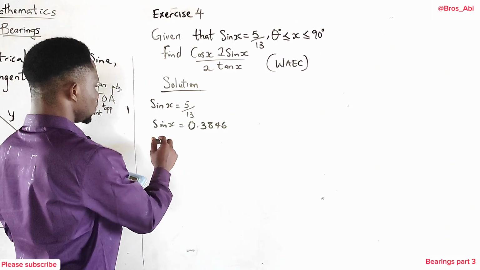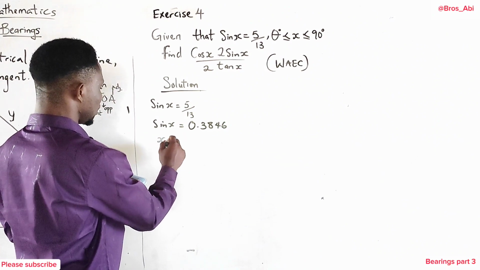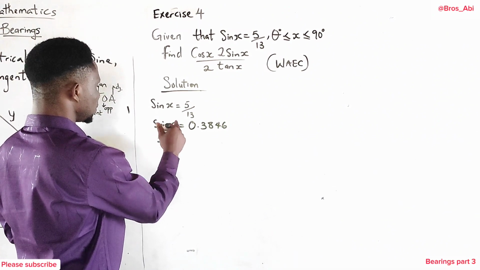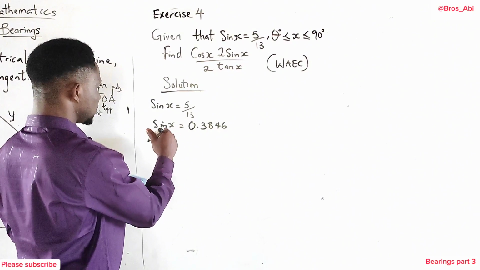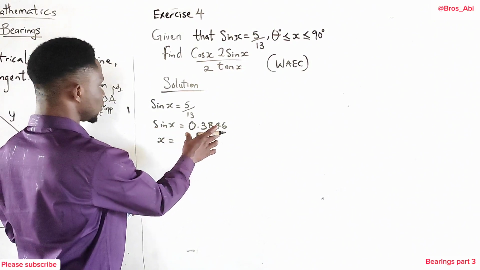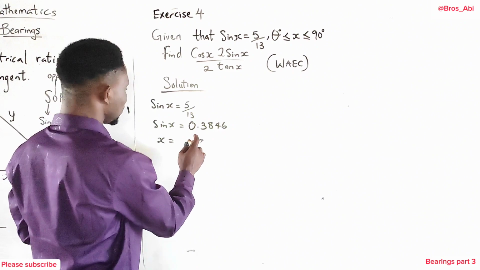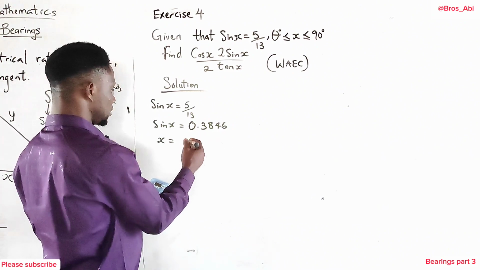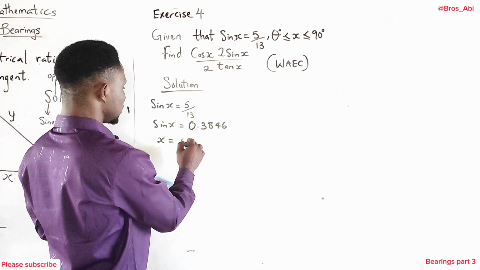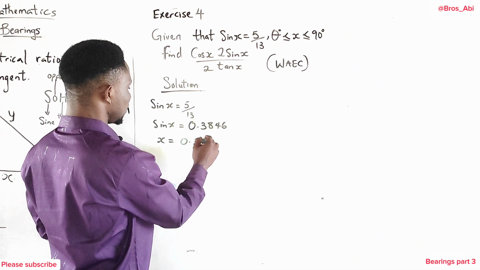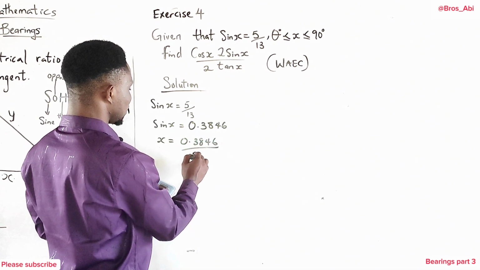Now, what will x be? You divide both sides by sine, and when sine comes to this side, it becomes sine inverse. It is as simple as 0.3846 over sine.